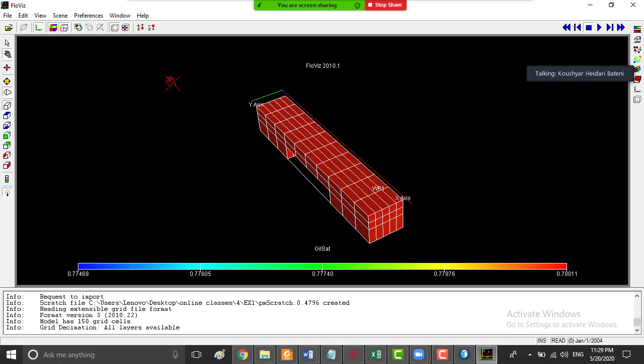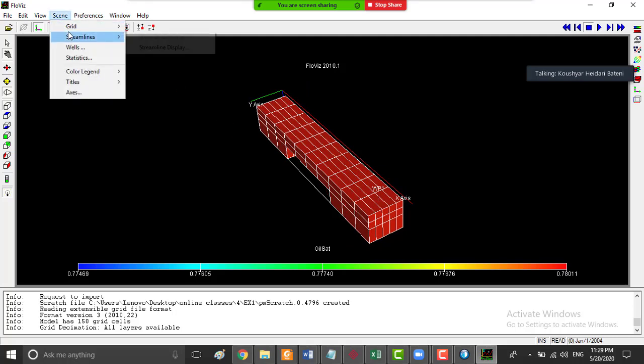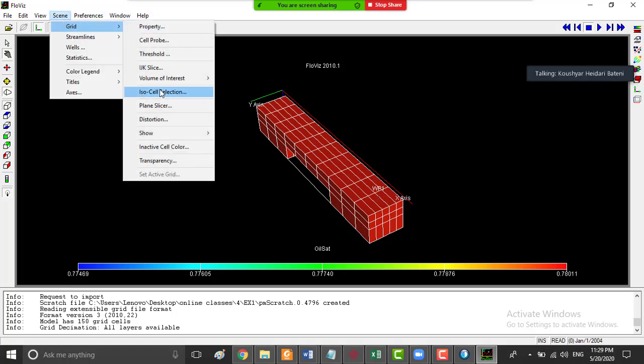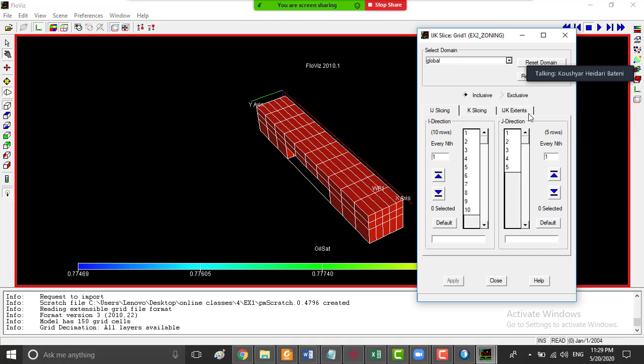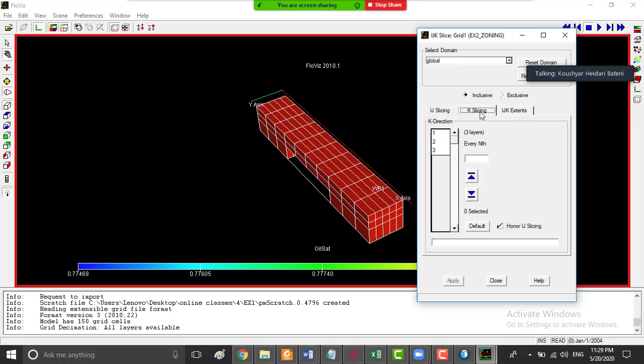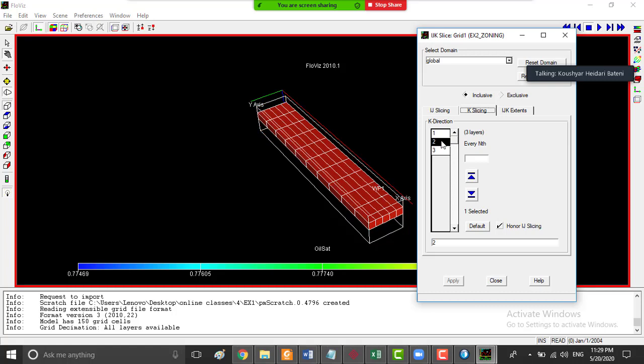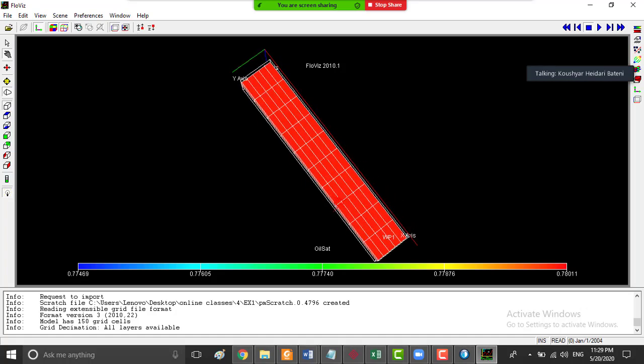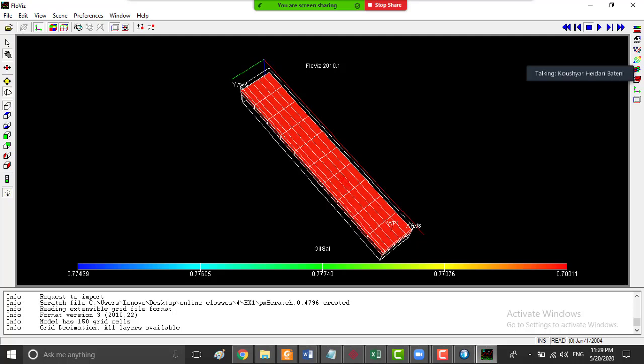In order to do that, I go to IJK slicing, scene, grid, IJK slice, and here for the kth slice, I click on 2. Now I'm going to see only the second layer of my reservoir. Okay? So now here I have access to every cell in the second layer.